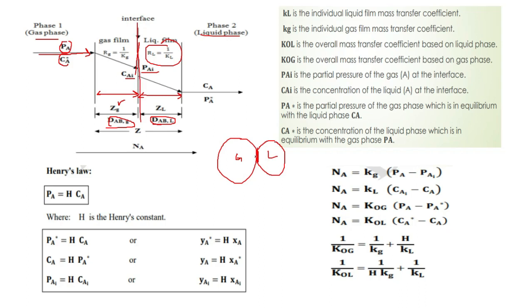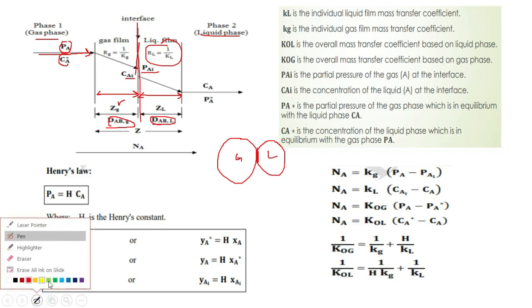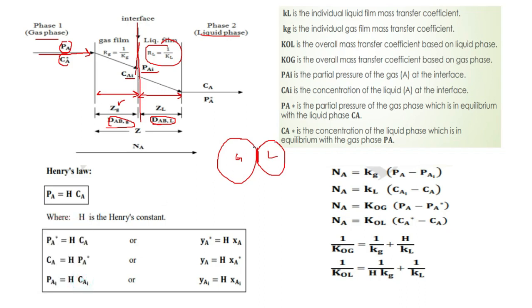So when the mass transfer takes place from gas to liquid, there is a film formation around these phases, and this film formation offers some resistance.